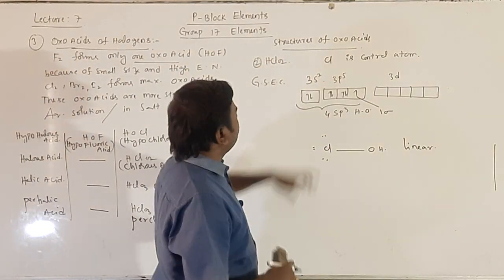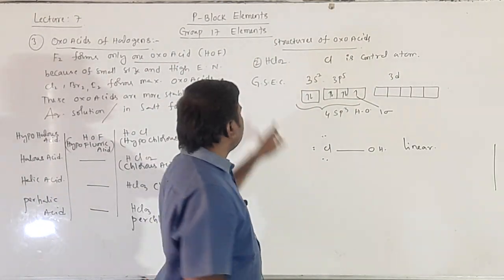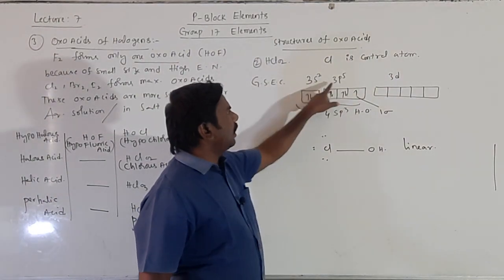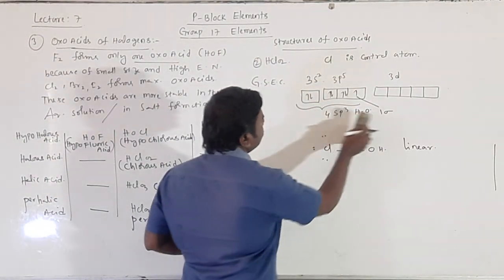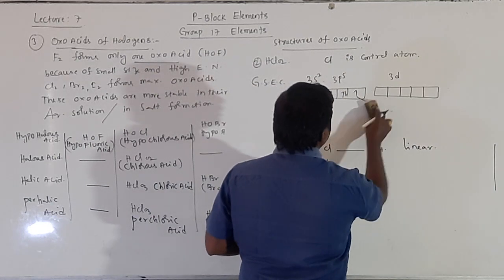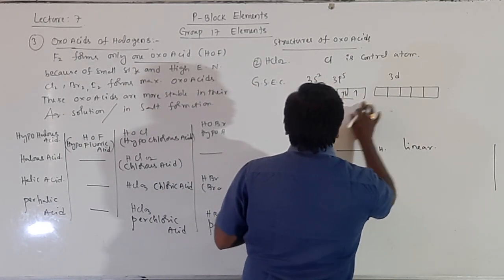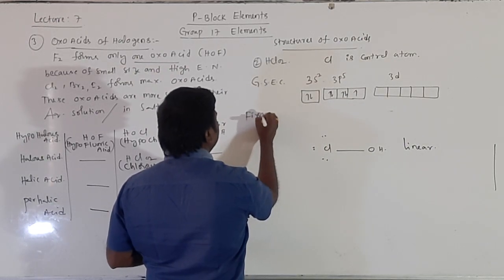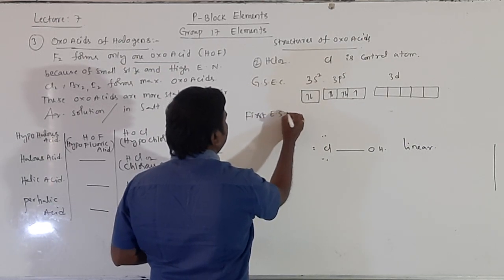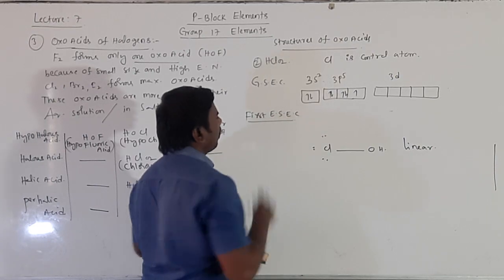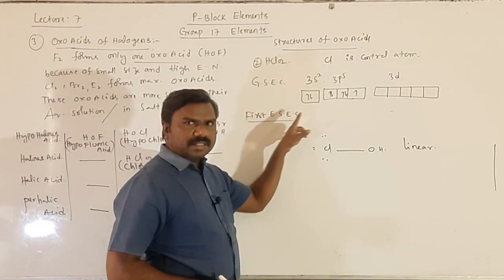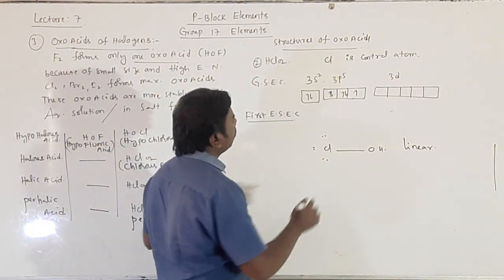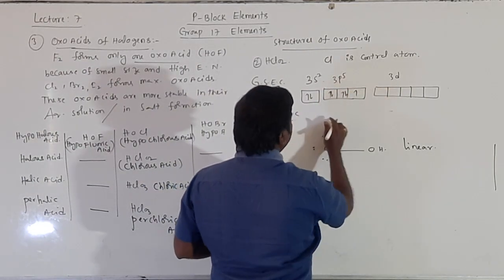Okay. Chlorine is the central atom. Ground state electronic configuration 3s2 3p5, and I need first excited state electronic configuration. So, one electron jumps to 3d.